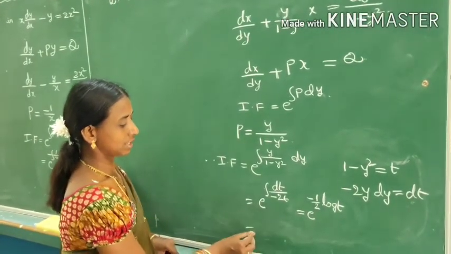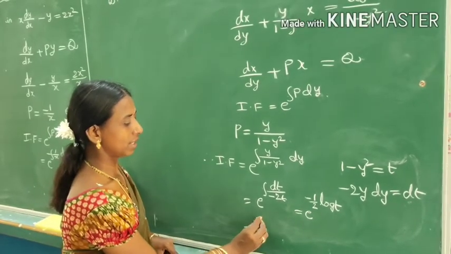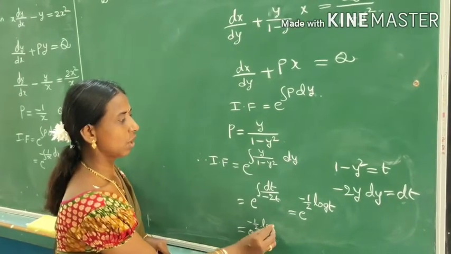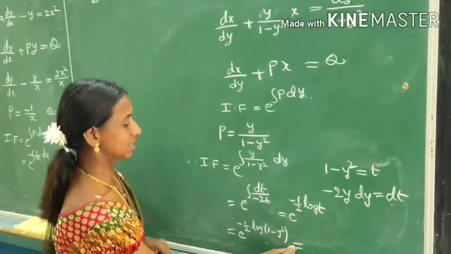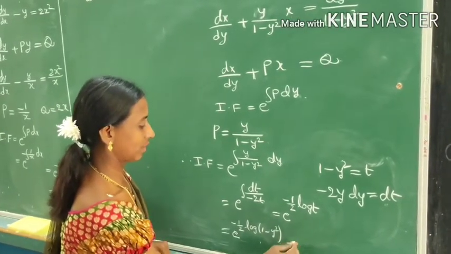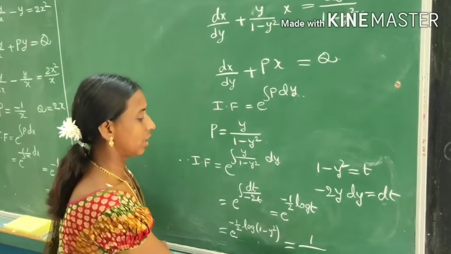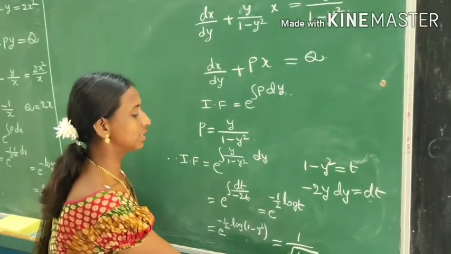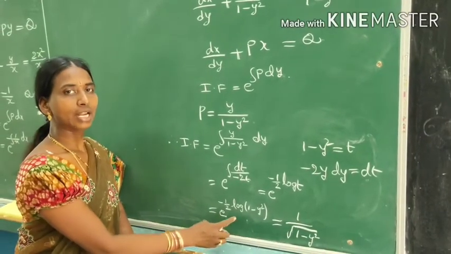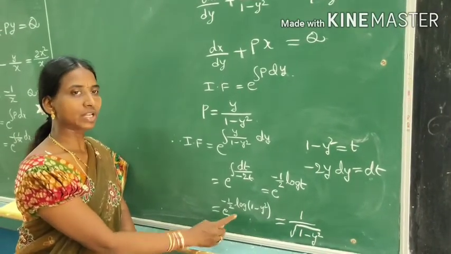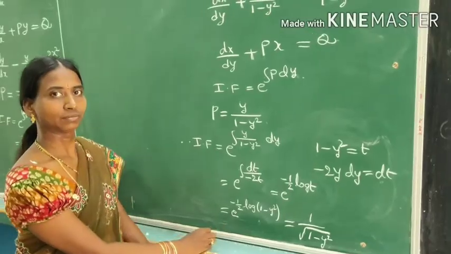So this is e to the power minus 1 by 2 log of 1 minus y square, which can be written as 1 by root over 1 minus y square, by eliminating the exponential function and logarithmic function, which are reverse functions.